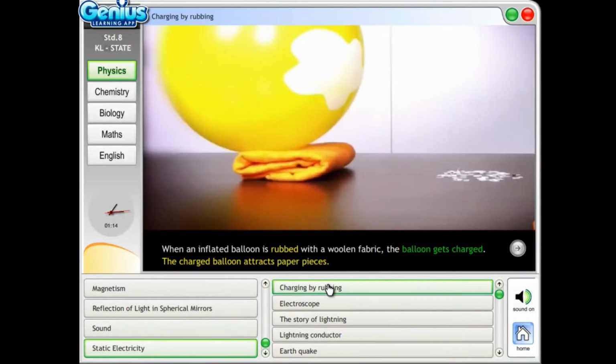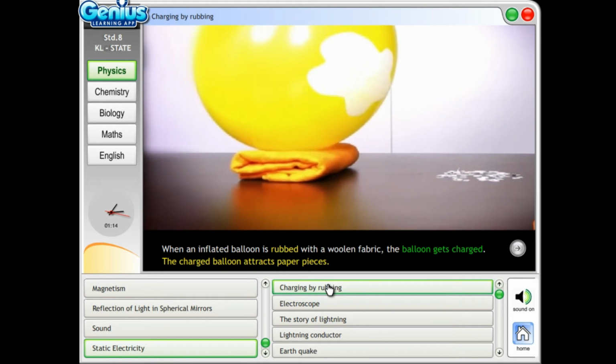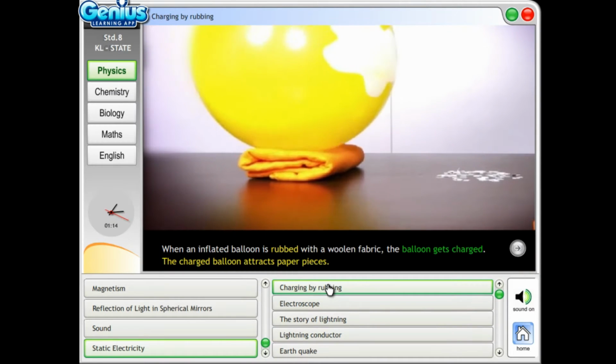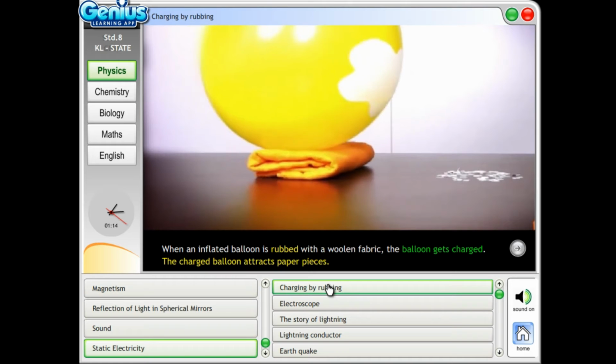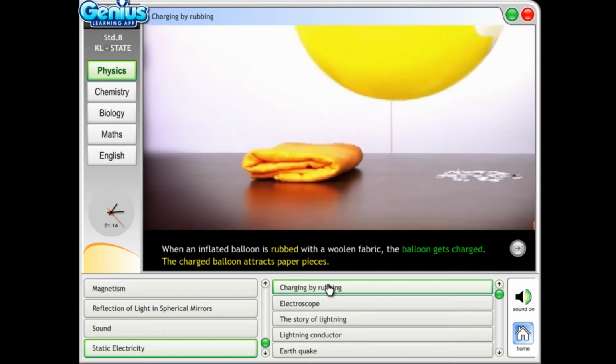Charging by rubbing. When an inflated balloon is rubbed with a woolen fabric, the balloon gets charged. The charged balloon attracts paper pieces.